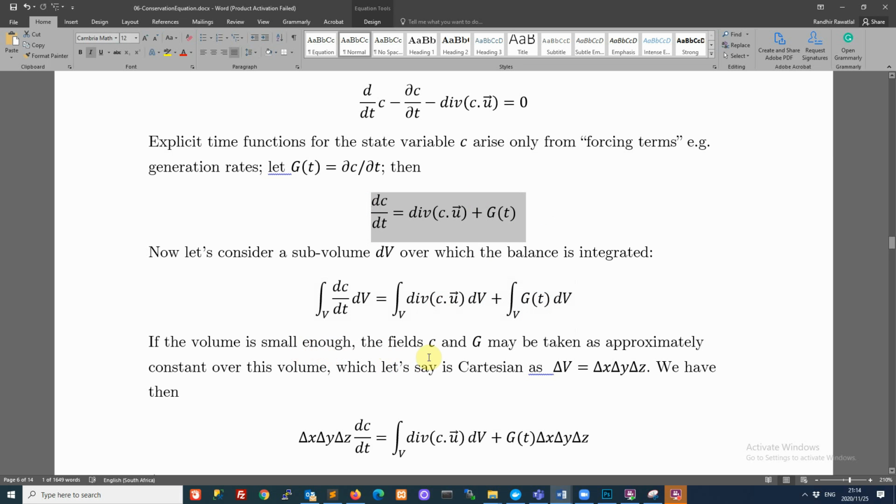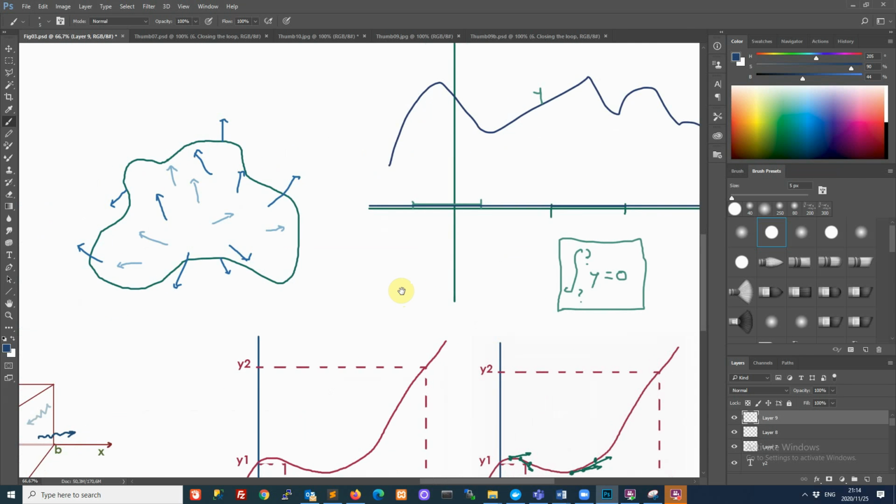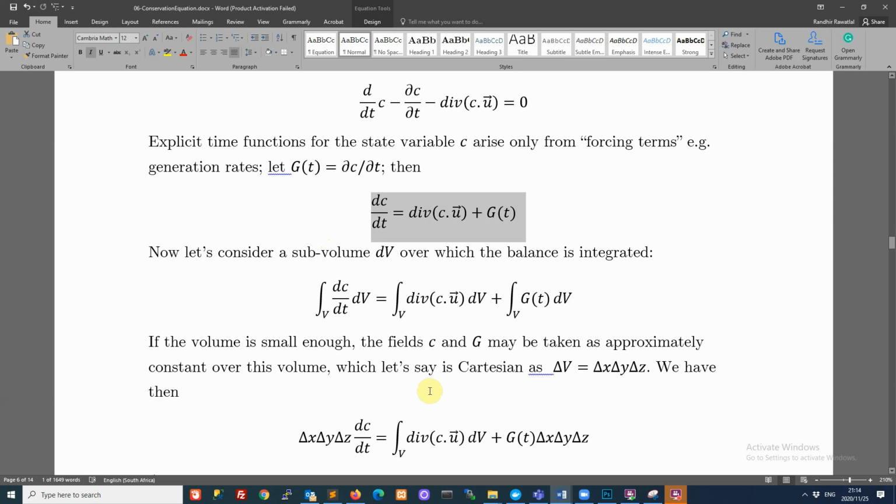And if your volume is small enough, so maybe let's just specify that we are now talking about choosing some tiny volume, some tiny space in our original overall volume. So we are now looking at just some tiny volume in some overall volume. Then we know this applies inside that subvolume as well.